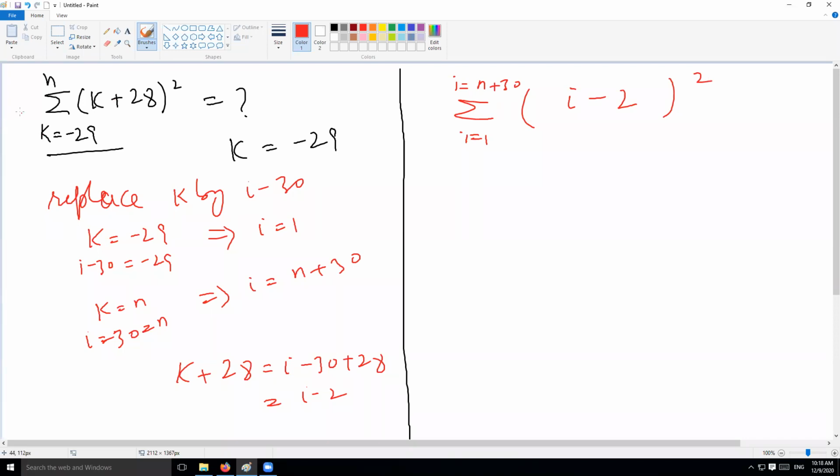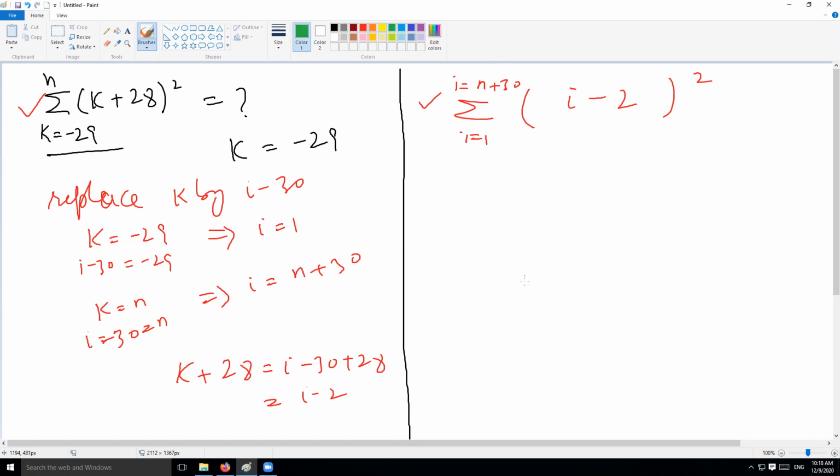Now this sum is precisely the same as the original sum. It's like I have changed the sum physically, not chemically. Physically it might look different, but they are one and the same thing, because you have just replaced the indices.